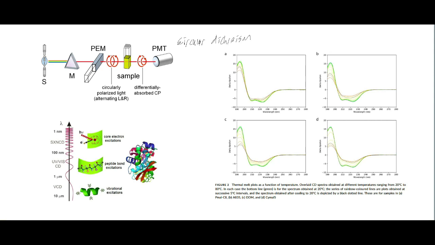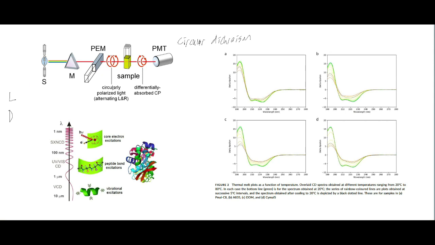And what this does is, we talked about before how we can use polarized light to look into whether something has the L chirality or the D chirality, whether it's levorotatory or dextrorotatory. And so here we can use circularly polarized light.